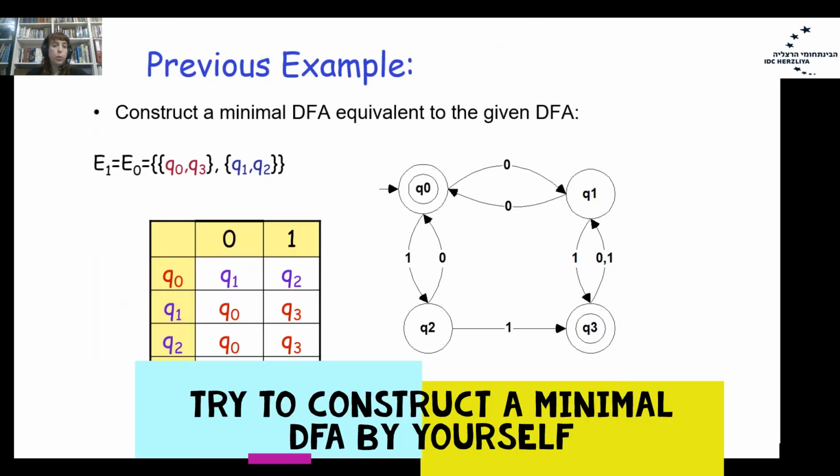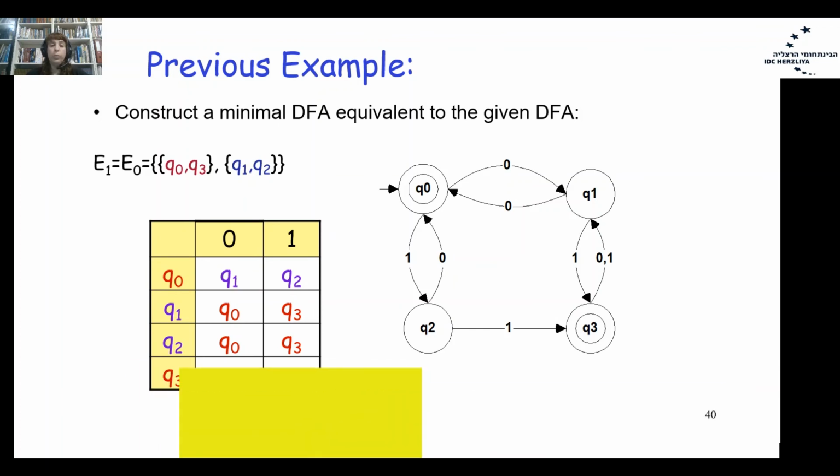I advise you to build a minimal DFA for this automaton. We already applied the equivalence algorithm, and we know that Q0 equals Q3, and we should draw Q0, Q3 as one state, and Q1, Q2 as another state. Q0, Q3 will be an accepting state, Q1, Q2 will be a rejecting state.